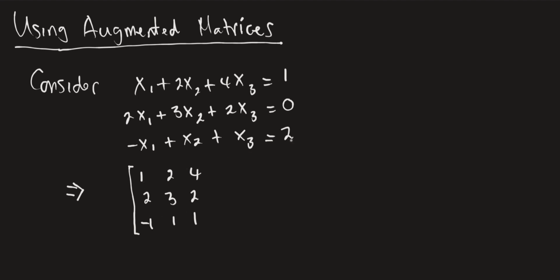Equally important are these constants over here. So I'm going to use a vertical line, a solid line, to distinguish between the coefficients and our b's. In fact, let me make it clear that these are brackets.